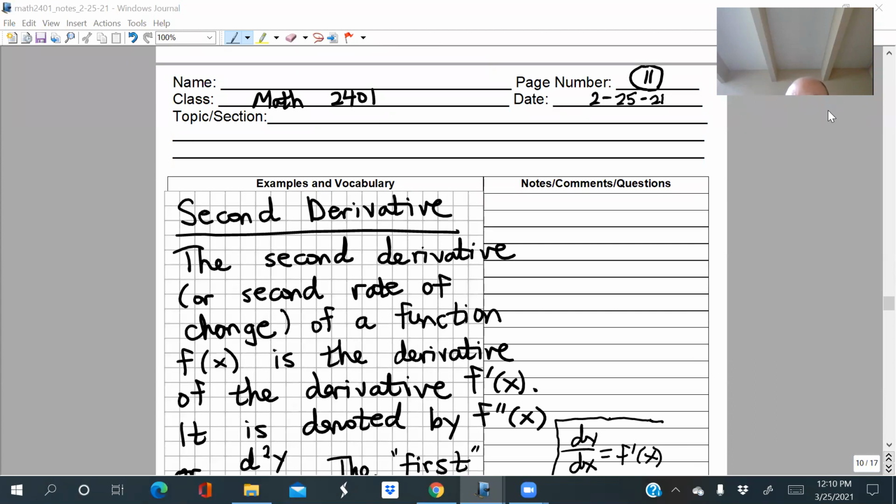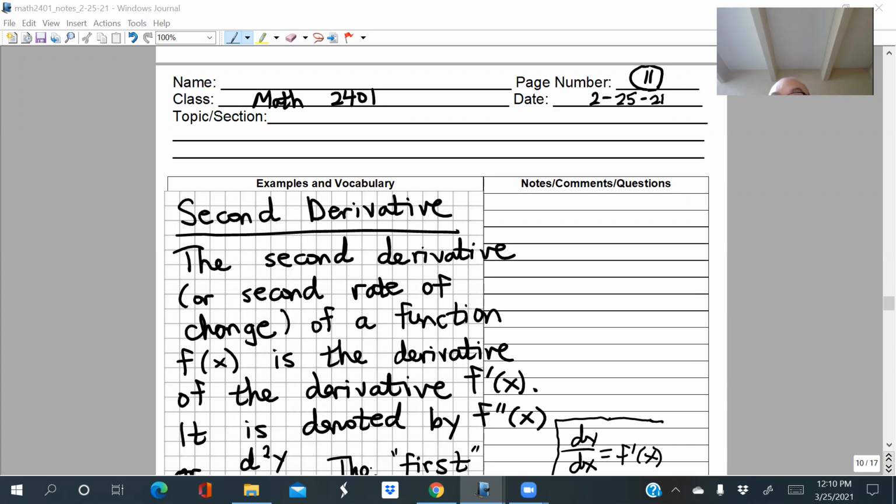If you have a function, its derivative is also a function. But that means since its derivative is a function, you can take the derivative of the derivative. When you take the derivative of the derivative, that's called the second derivative, not surprisingly.